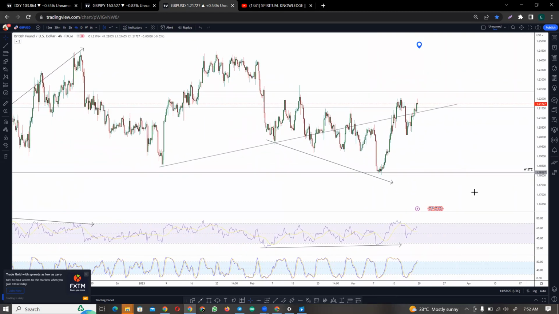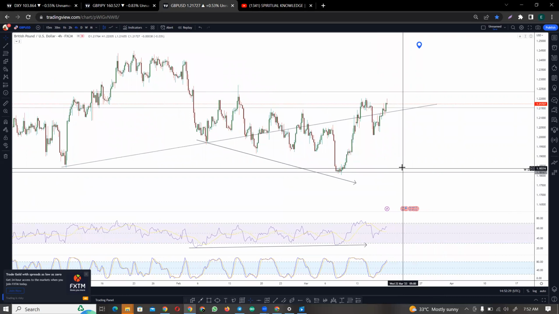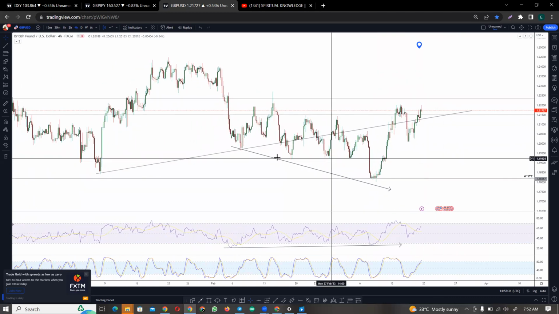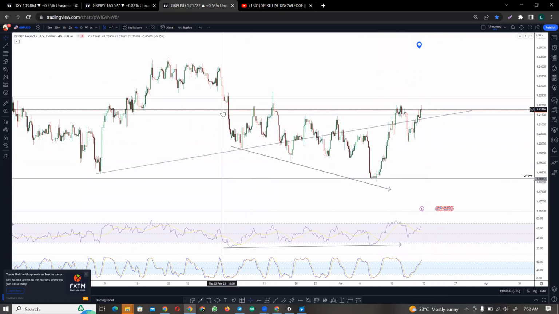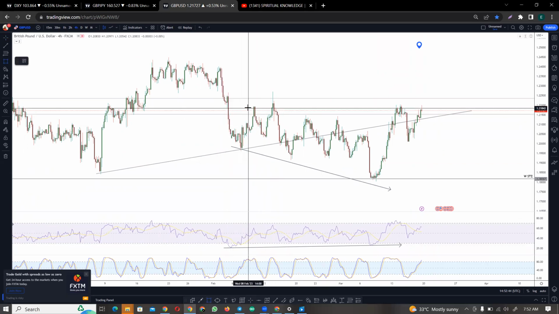No. So on this GU, we are actually at this place. You know, this place now. This place is a very strong area. Let me just mark it with a small box.